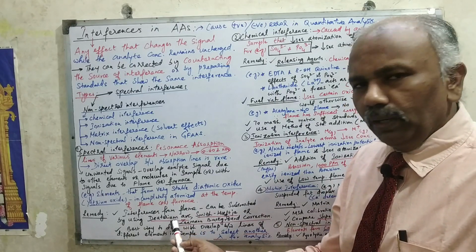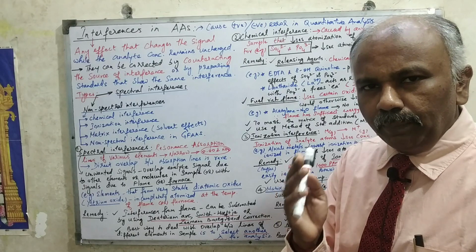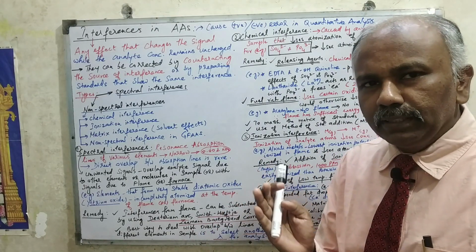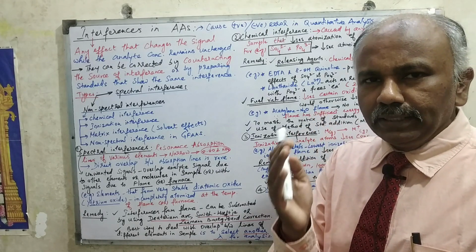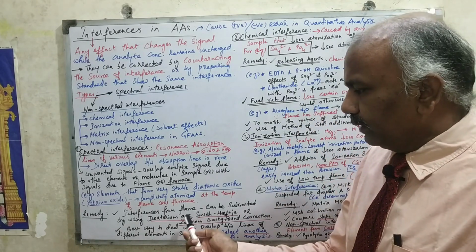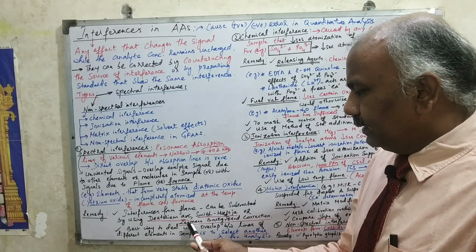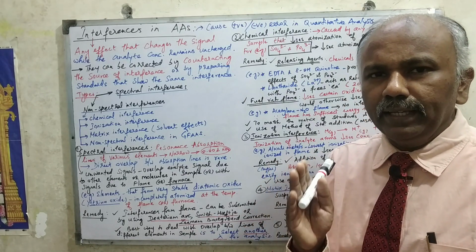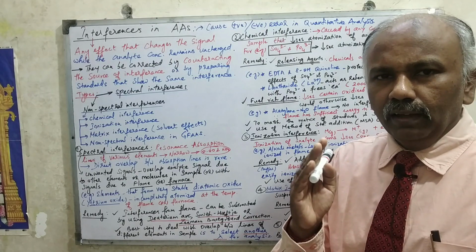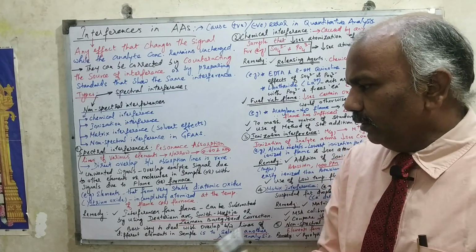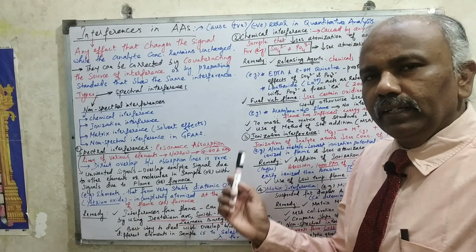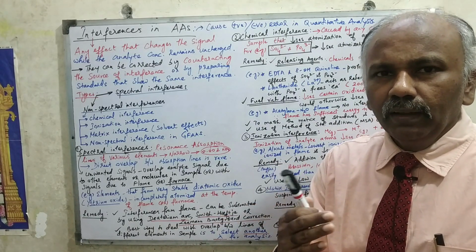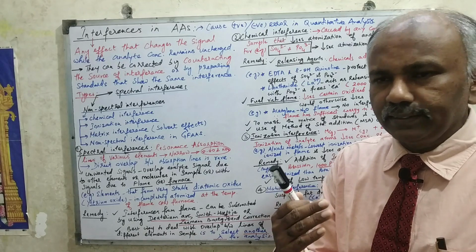The deuterium arc method uses a lamp to find the correction, the Smith-Hieftje method corrects the interference based on the application of an electric field, and Zeeman background correction uses a magnetic field to correct the interference in the spectral region, right? We will discuss these in detail in further classes, particularly when we discuss the various background correction techniques.